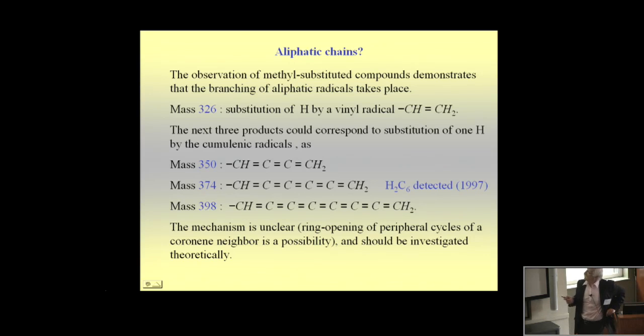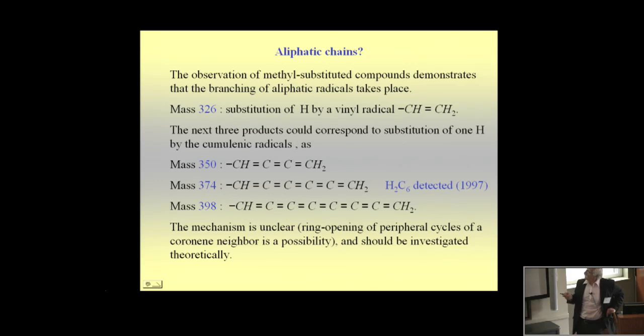One thing which could work is first substitution by a vinyl radical, and then add more C2, like in cumulene kind of chains.